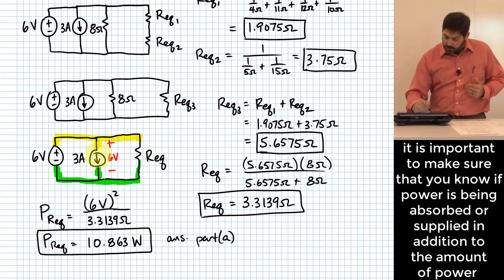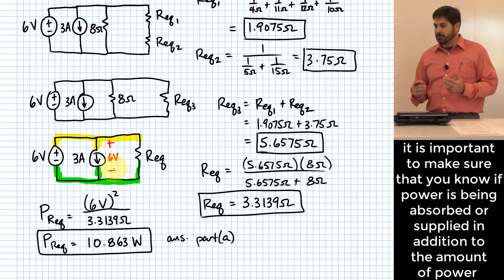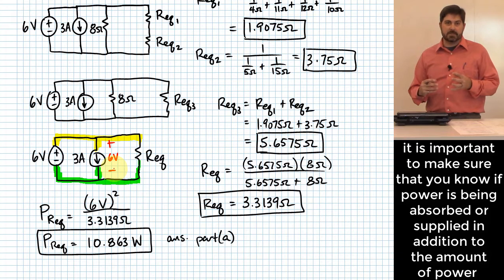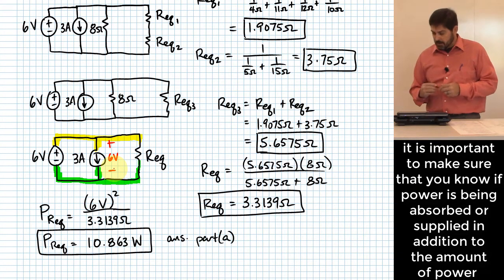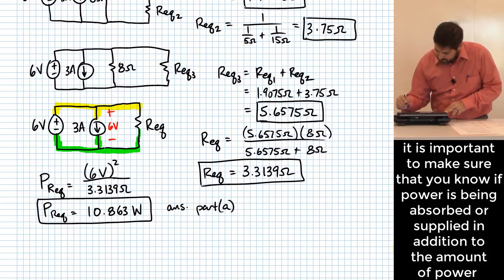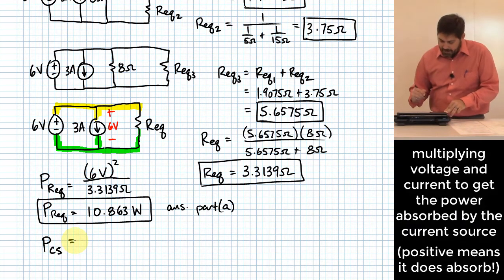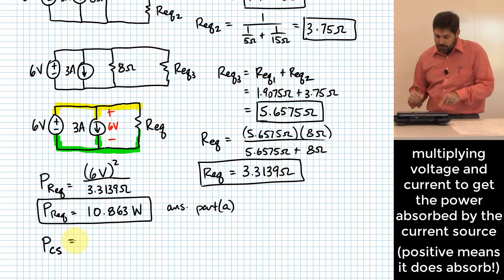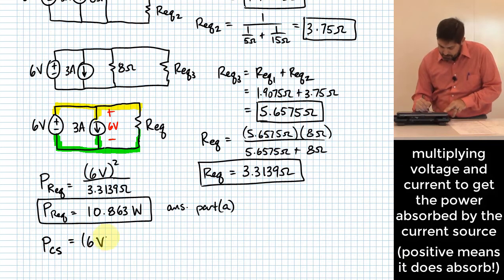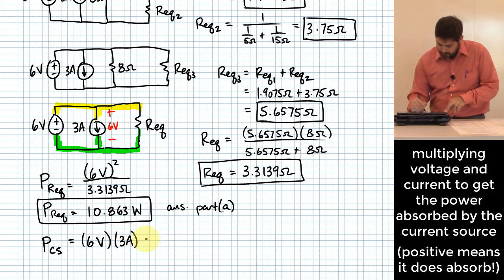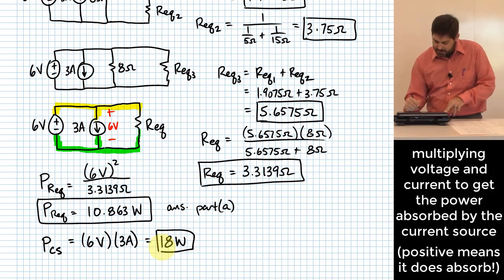Anytime you see current flowing from the positive to the negative of an element, that means you are absorbing power, not supplying it. So the power for the current source, let me denote that as P sub CS, is equal to just 6 volts times 3 amps, which is just 18 watts. So that's the answer to part B.